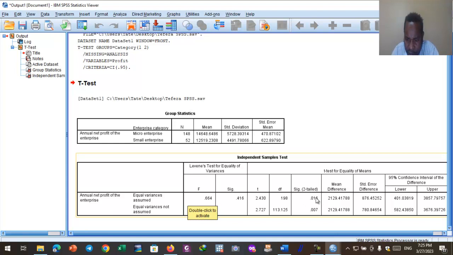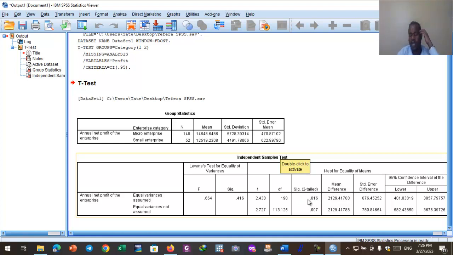The table has a row for equality of variance assumed and equality of variance not assumed. Let us first look at the row of equality of variance assumed, and it is significant because it is less than 0.05.